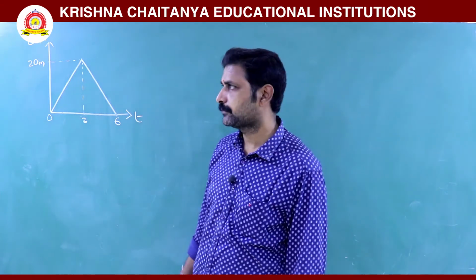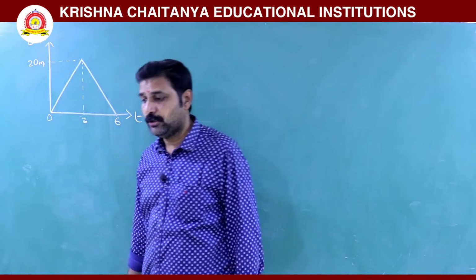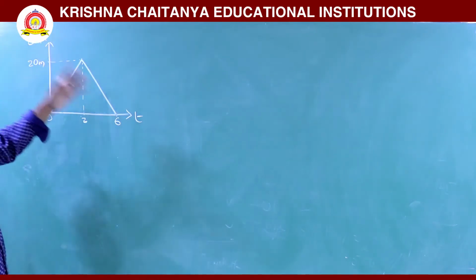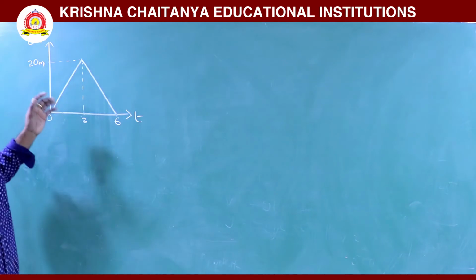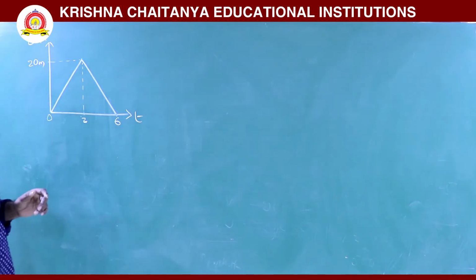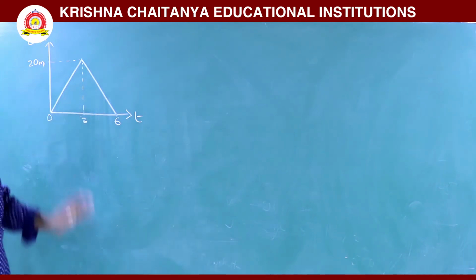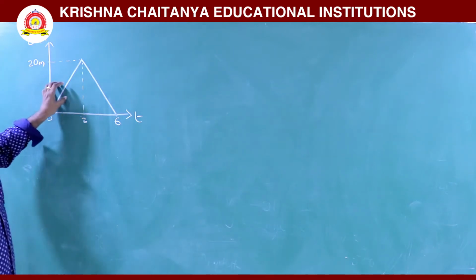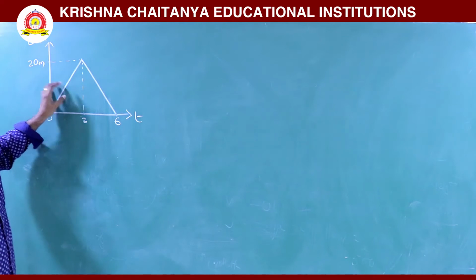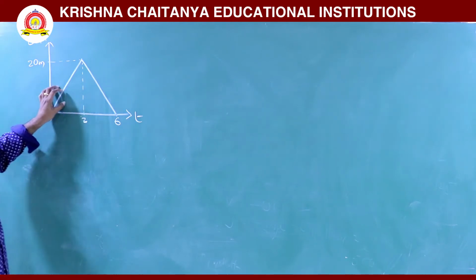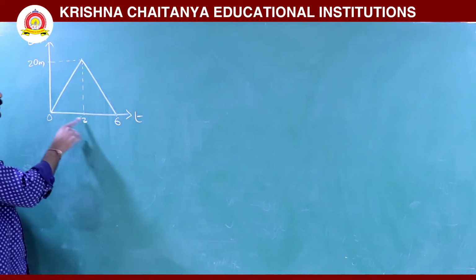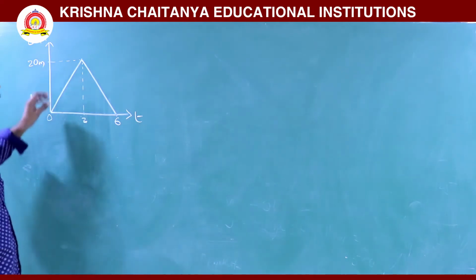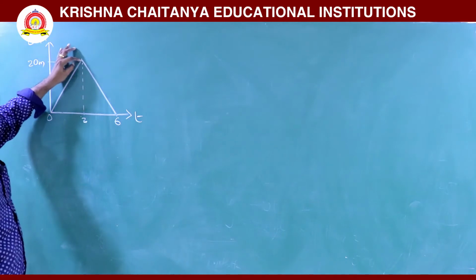The ratio of displacement to time, which is the slope, gives velocity. For a straight line, the slope is constant, which means velocity is constant. So from 0 to 2 seconds, it has a constant velocity in one direction.